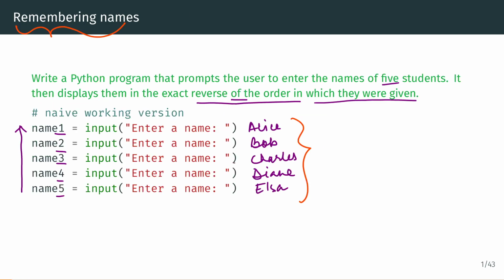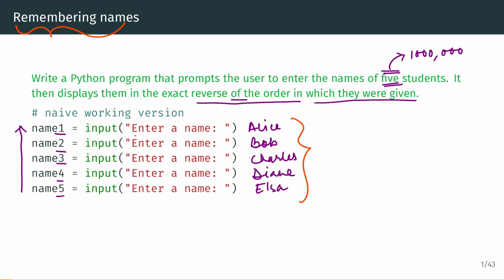In this program, we asked the user for the names of 5 students, and in terms of computer programming, 5 is a very small number. What if you want to do more students, like 1,000 students, or 1,000,000 students? What then?